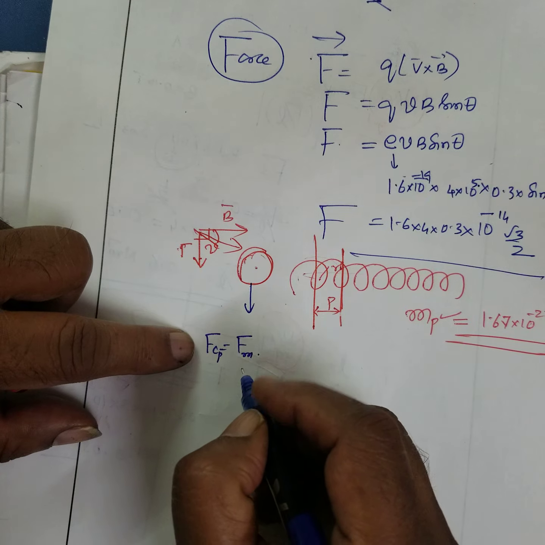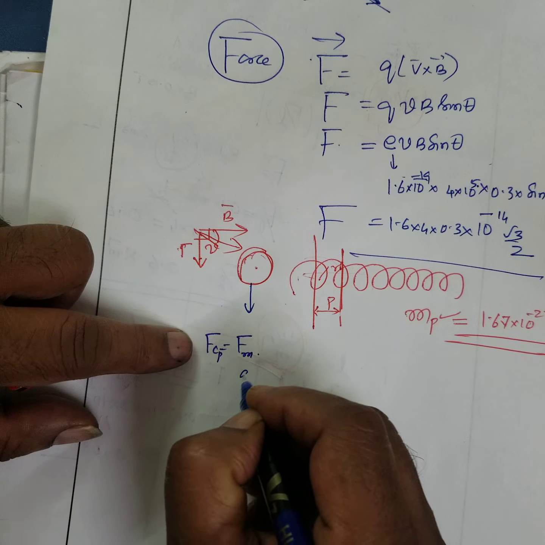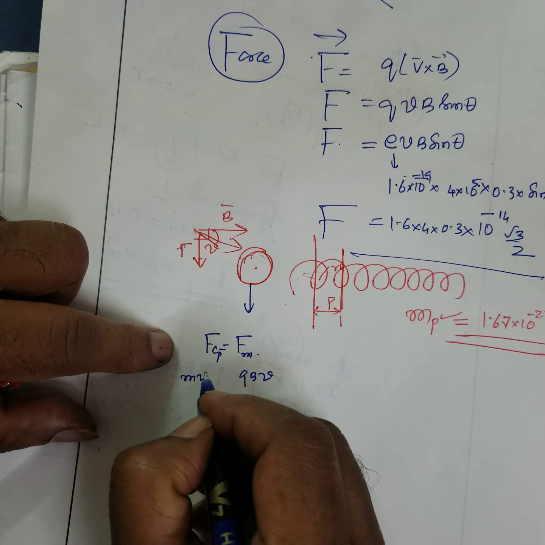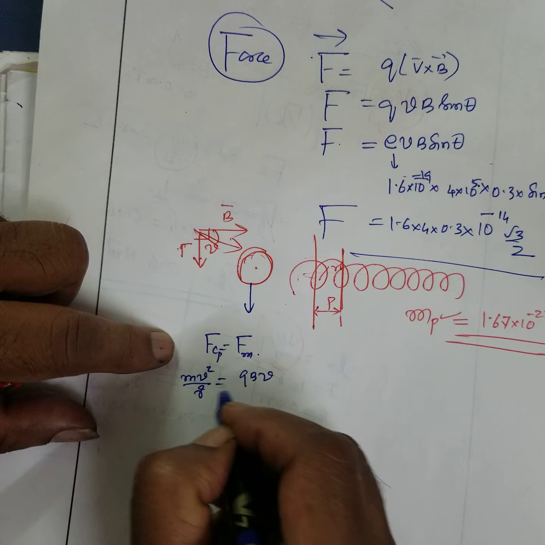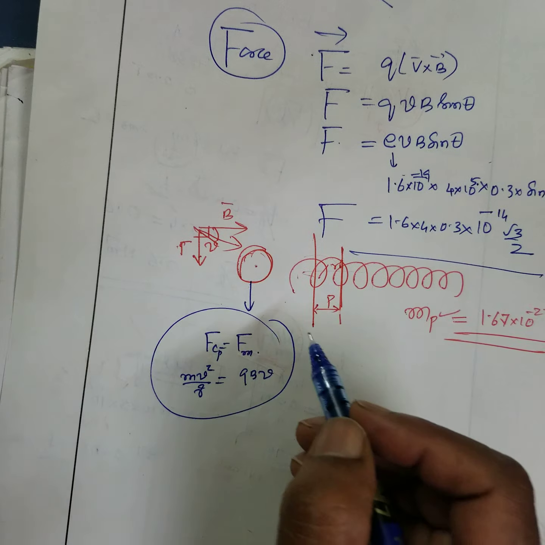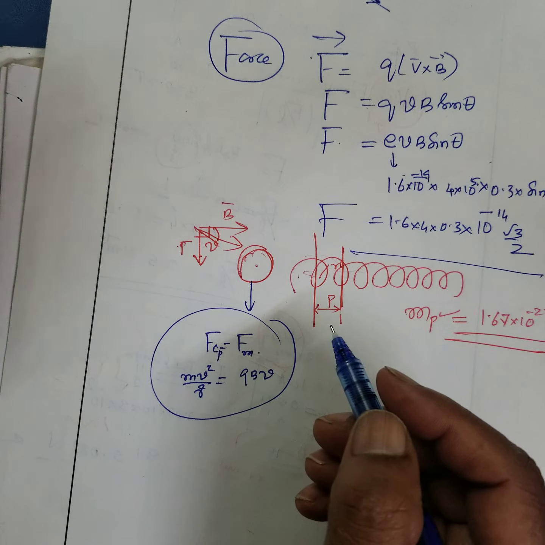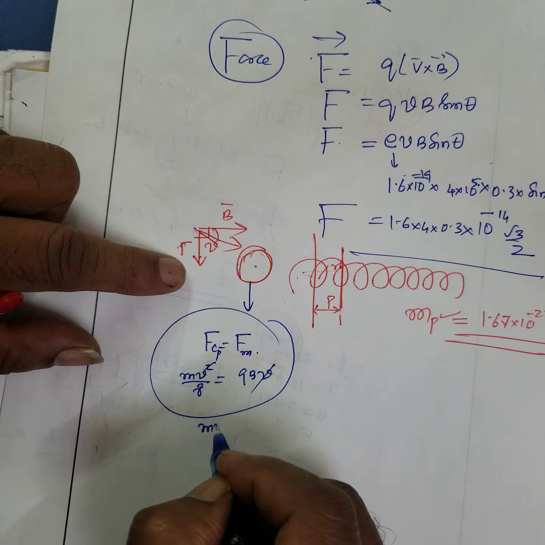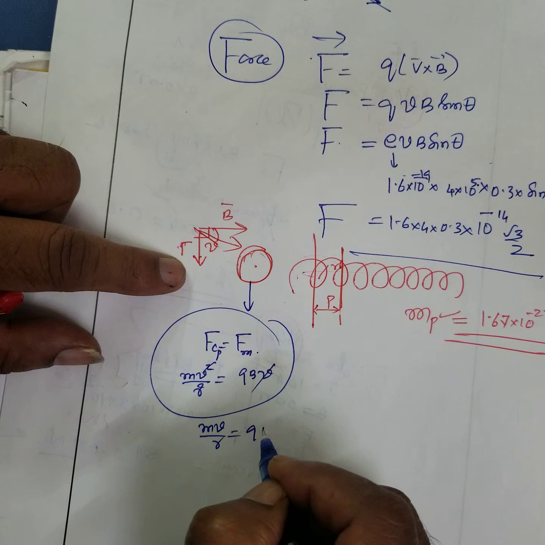What is the force due to magnetic field here? QBV, right? Here the centripetal force is M V square by R. For a circle we do it. Understood? Here one V cancels. M V by R is equal to QB.